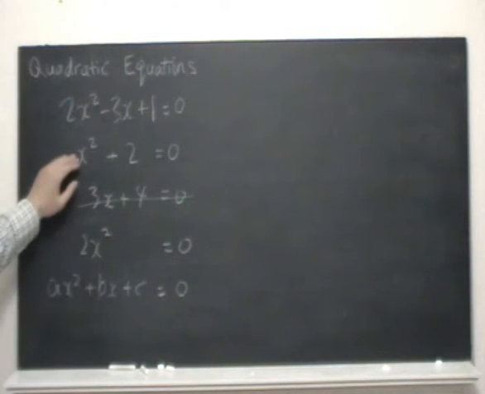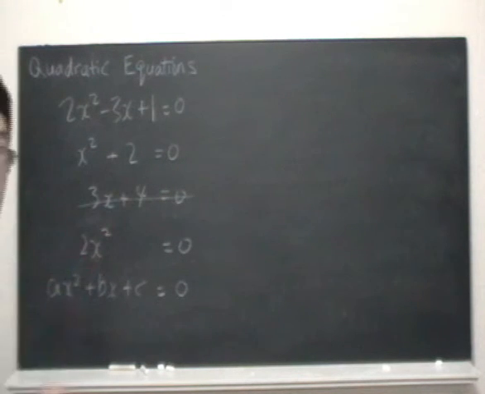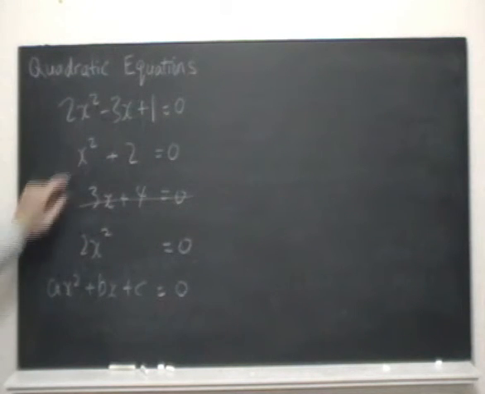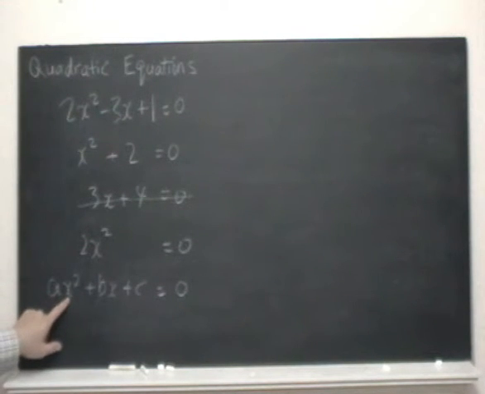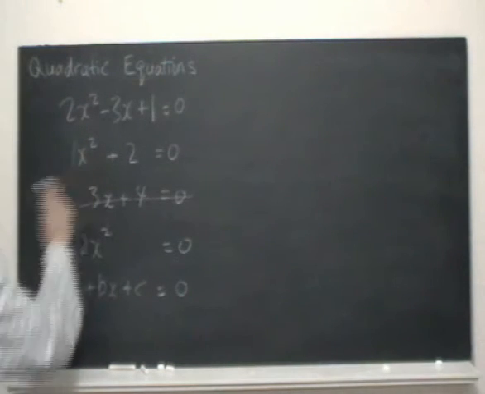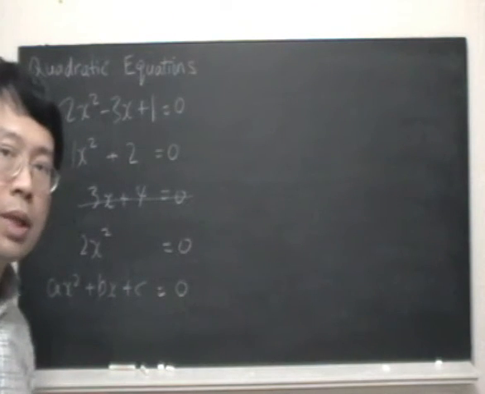How about the second equation? Now in x squared plus 2, what would a be? We have ax squared here, and we have just x squared there. If it's just x squared, it really means 1x squared.